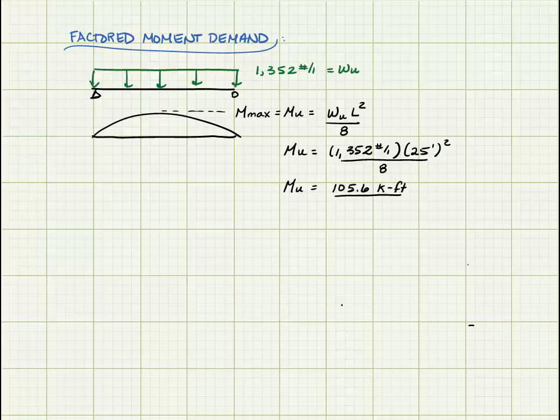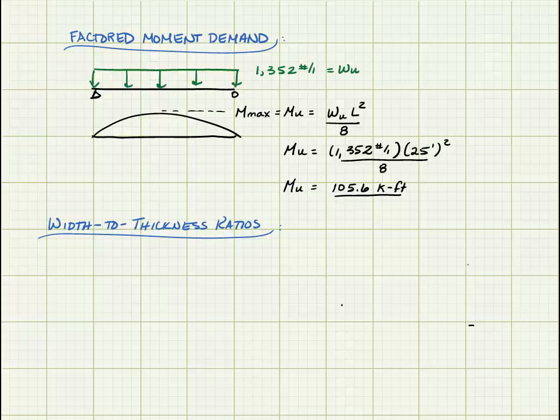Now the next step in looking at a problem like this is to determine the width to thickness ratios for the elements in the cross section. What this does is allow us to classify the shape as being compact, non-compact, or slender.